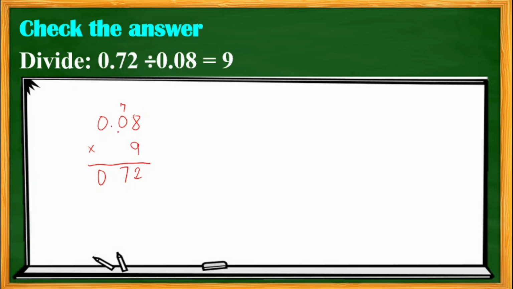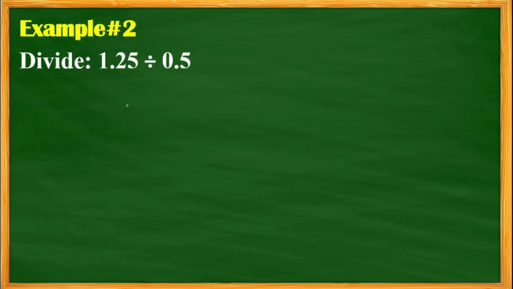Then count the number of decimal places in the first factor. We have 2, and the second factor has none. So we have 2 decimal places, and the answer is 72 hundredths. So we got the dividend, so our answer is correct. The quotient of 72 hundredths divided by 8 hundredths is equal to 9. So let's proceed.